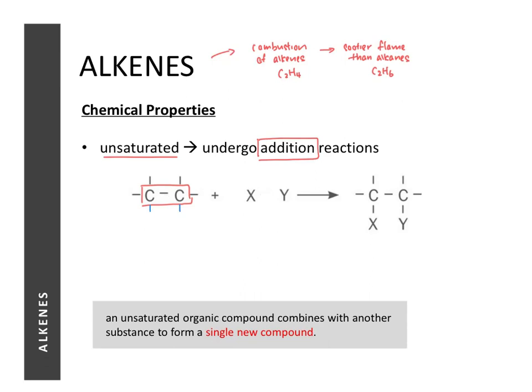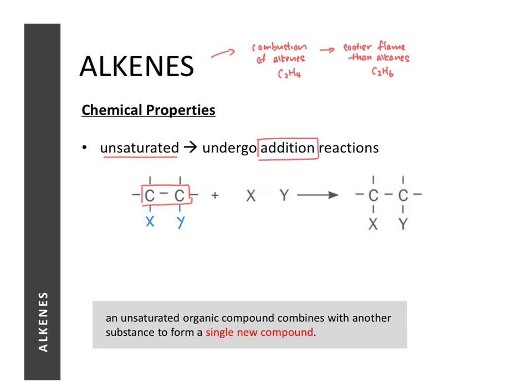So it will add atom X to one carbon and atom Y to the other carbon. Essentially the alkene will combine with another substance, and because you are simply adding to it, you only have one new product, which is called the addition product.